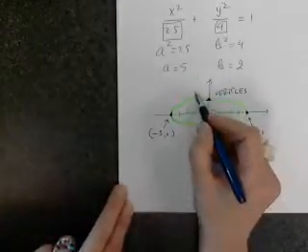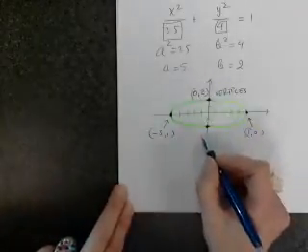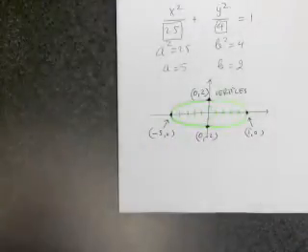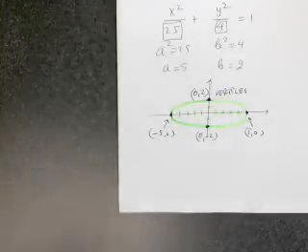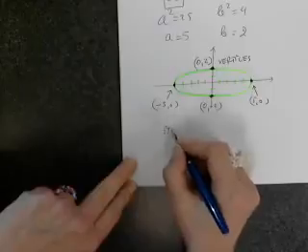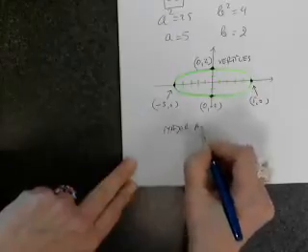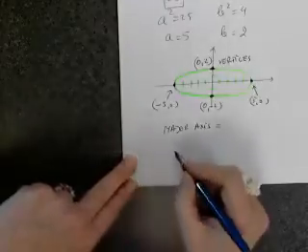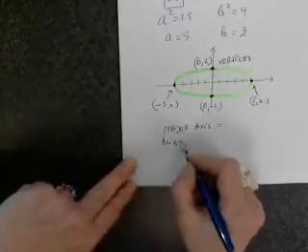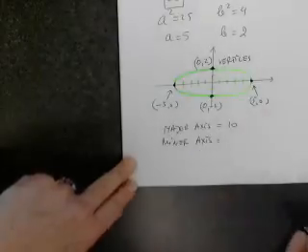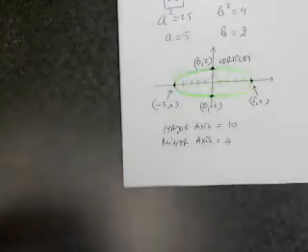And of course, 0, 2, and 0, negative 2. If we're asked to determine the major axis, what will you say? What is the length of the major axis? 10. Exactly. Minor axis, what is it? 4. Very good.